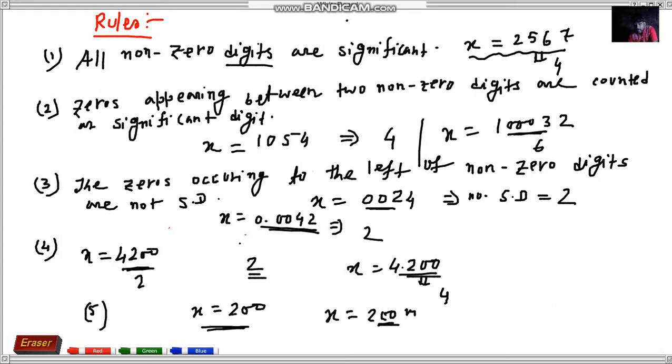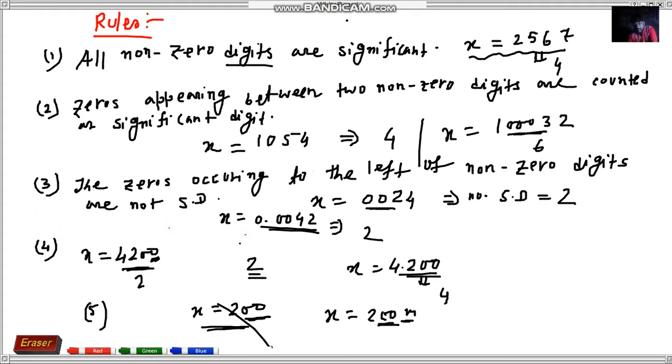One is, if there is a decimal point, then the zeros are counted as significant digits. But if there is no decimal, then the zeros are not counted. Similarly, these zeros are counted as significant digits if the number carries a unit, and if the number does not carry any unit, then these zeros are not counted as significant digits.